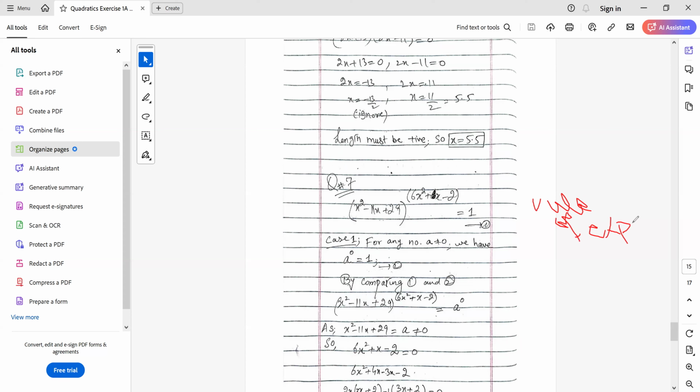Okay, and we have compared these two equations and we get this equation from these two results, and we will simply solve these by factorization to have our roots.